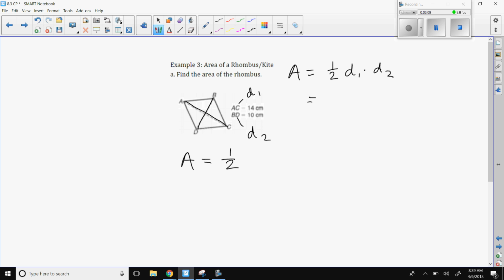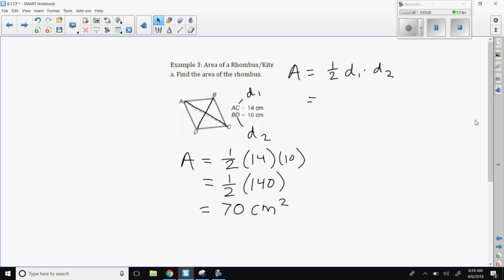Area equals 1/2 times 14 times 10. Okay, I'm going to do the 1/2 last. So 14 times 10 is 140. Okay, 1/2 times 140 is going to be 70 centimeters squared. It's important, make sure you have your units and that they're correct.